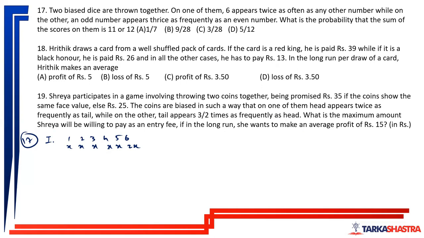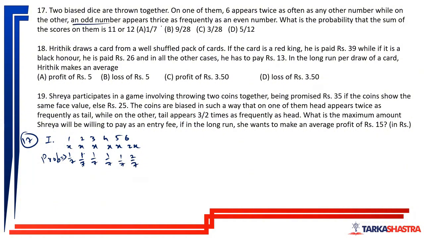So total there will be 7x possibilities, of which 1 will come x times. So probability of 1 coming is 1 by 7. Probability of 2 coming is 1 by 7. Yes or no? It is x by 7x, x by 7x, x by 7x, x by 7x, x by 7x, 2x by 7x. So probability of 6 will be 2 by 7.